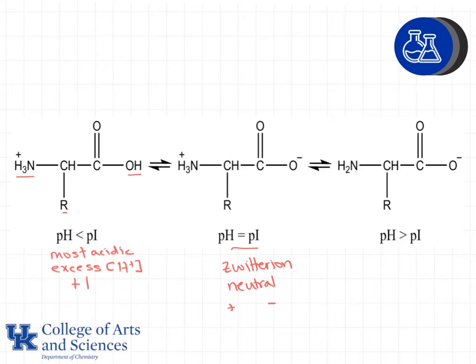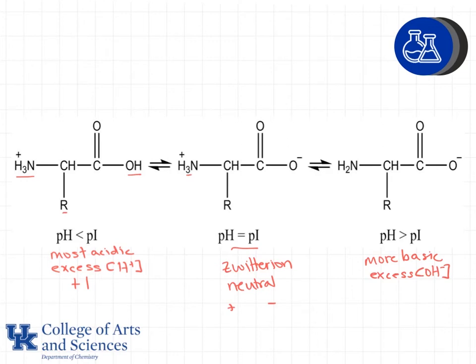Now, let's look at what happens when pH is greater than pI. We're dealing with a solution that is more basic than the pI value. That means we have excess OH minus. And when I look at that minus sign, it's not going to be attracted to the carboxylate group because that's a negative charge. It will be attracted to the NH3 plus from the zwitterion form, and it will steal away one of those hydrogens.